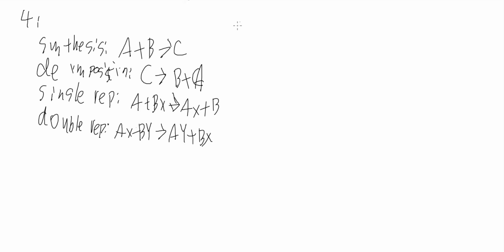And as an example, we'll start with synthesis, the Haber process, which makes ammonia: N2 plus 3H2 turns into 2NH3. You have decomposition, which is many explosives. You don't need to know this one as well. For ammonium nitrate, it is going to be a very good explosive.